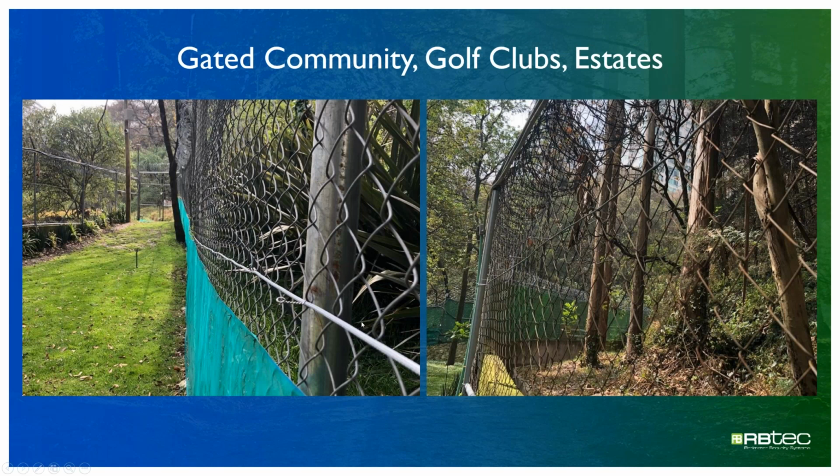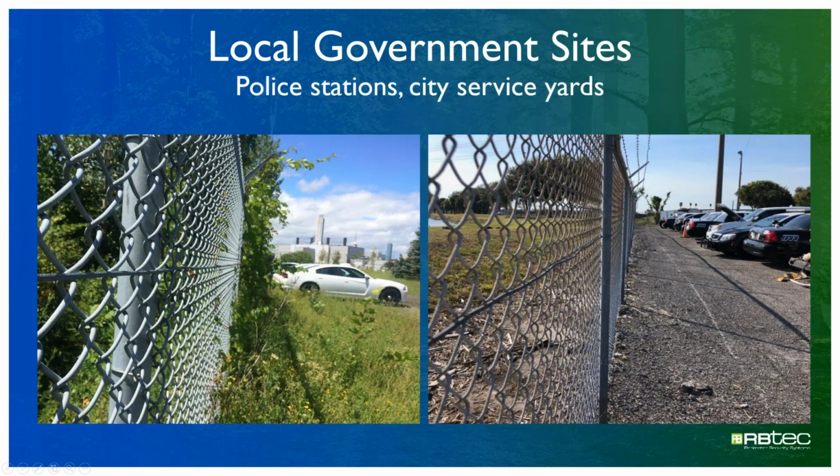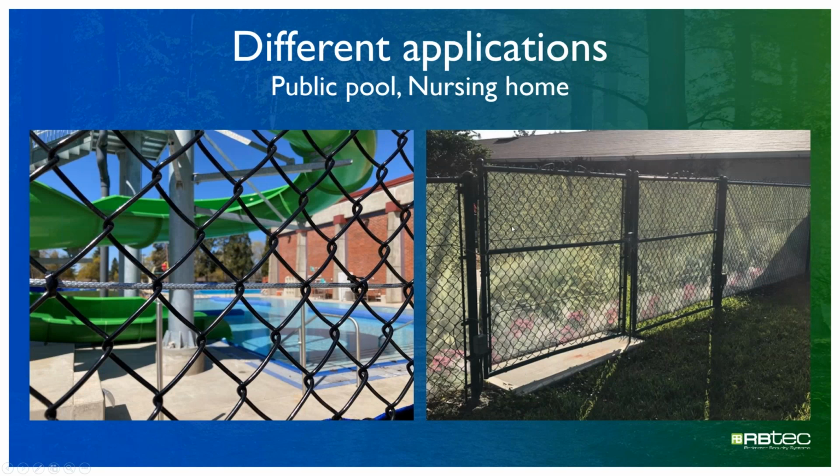We've done multiple gated communities, golf clubs, estates, condominiums, conjuntos in Mexico, and every type of system possible for those types of more closed neighborhoods or buildings. We've done also for local governments, service yards, impound lots, for insurance companies where they take the wrecked vehicles.